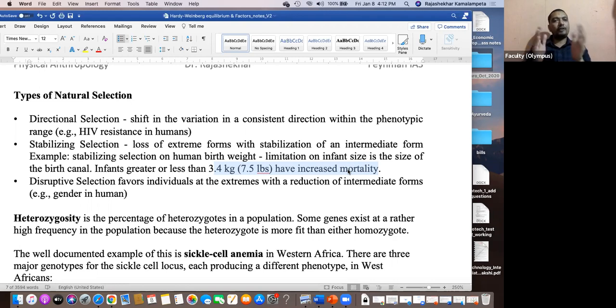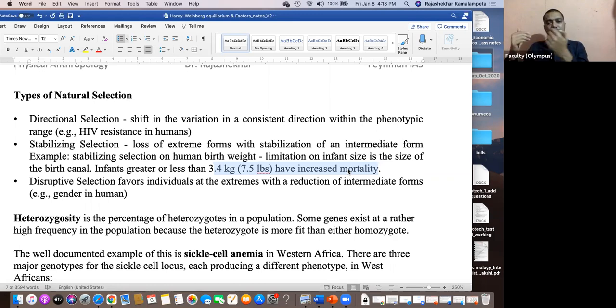So now we have to favor something in between, right? Not too low, not too high. Here we're talking about birth weight. Shouldn't be too small, shouldn't be too heavy. You want something in between, because otherwise the mortality rate will increase. Smaller babies are more prone to problems.